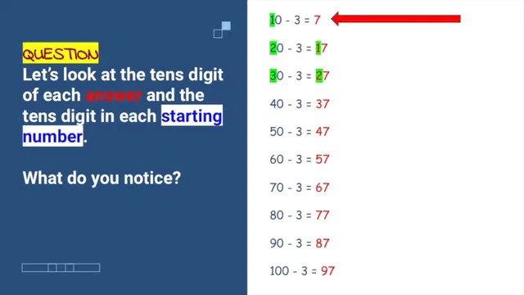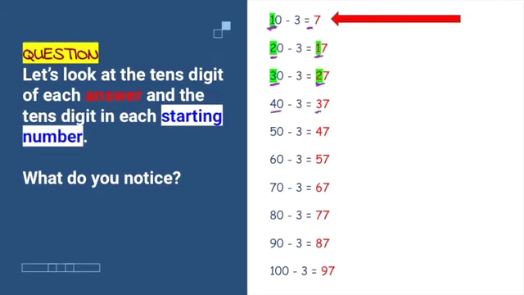Let's look at the tens digit of each answer and the tens digit in each starting number. What do you notice? So here's the tens digit in the starting number. There's no tens digit there. Here's the tens digit in the starting number and the tens digit in the answer.